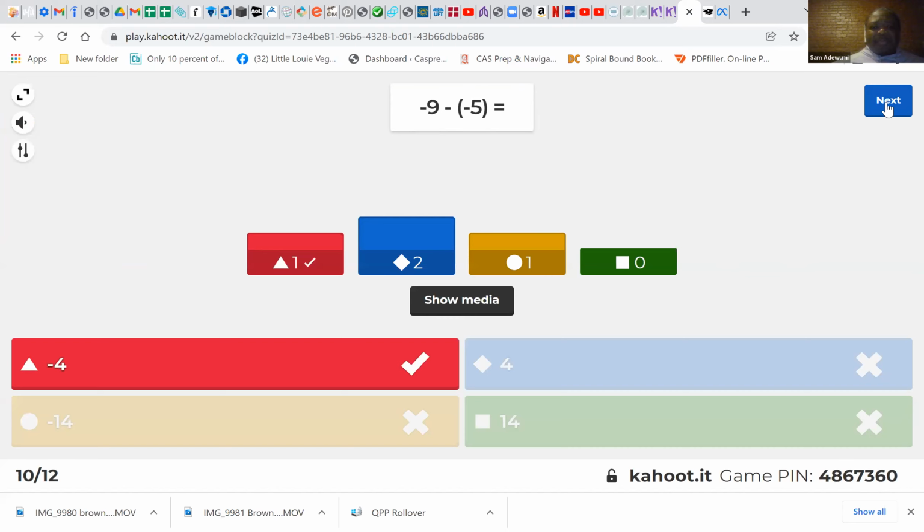That caught 2 blues and 1 gold. -9 minus -5. Negative gives us a positive. So that becomes -9 plus 5. We're on the negative side of the world at -9. We move to the right 5 spaces. Absolutely no way we can end up at 4. Count back 5 spaces from -9, it puts you at -4, not +4.